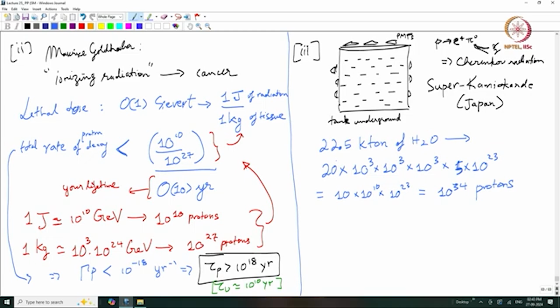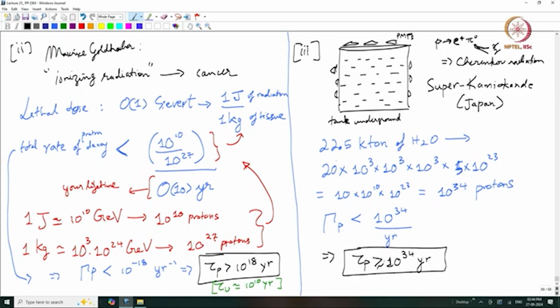If that is the case, then if you haven't seen a single proton decay giving you Cherenkov light that can be picked up in PMTs, you can confidently say that the proton lifetime is larger than 10 power 34 over a year. That simply means you set a limit on the proton lifetime of 10 power 34 years.